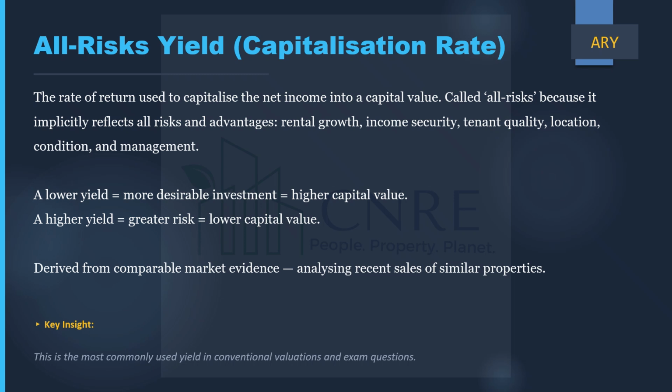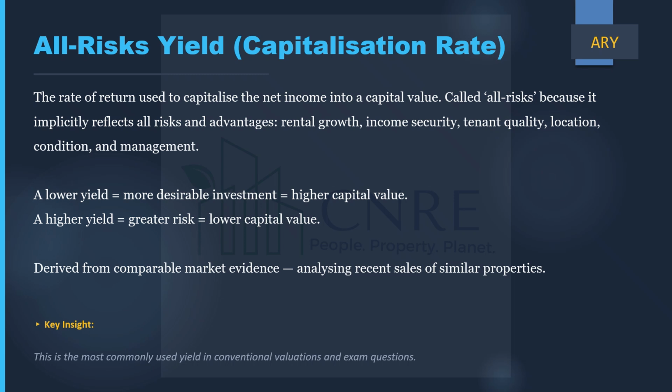As a general rule, the lower the risk, the lower the yield, and the higher the risk, the higher the yield. So you will see how that applies later on when we start doing valuation.